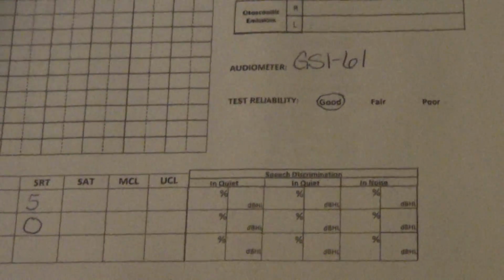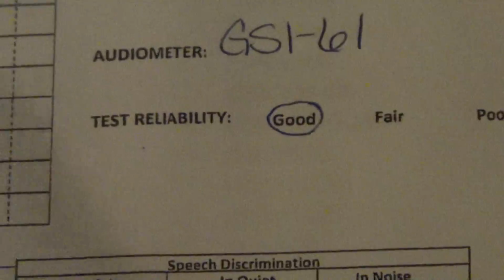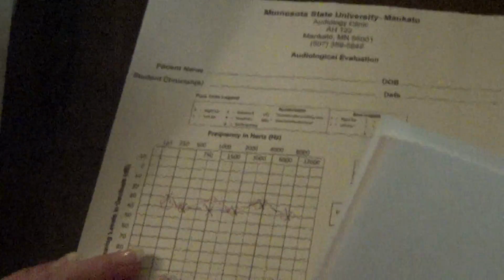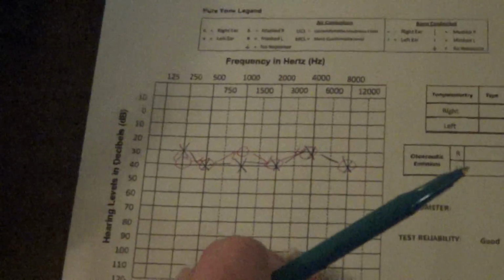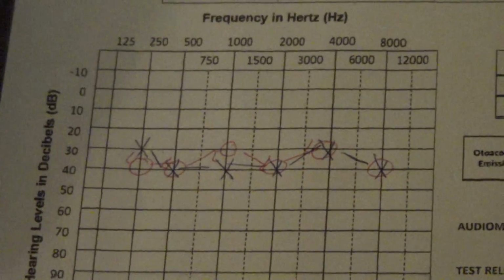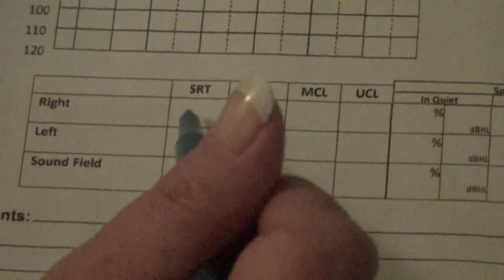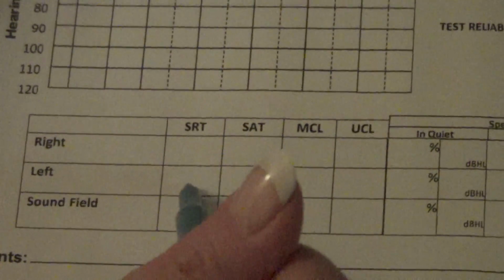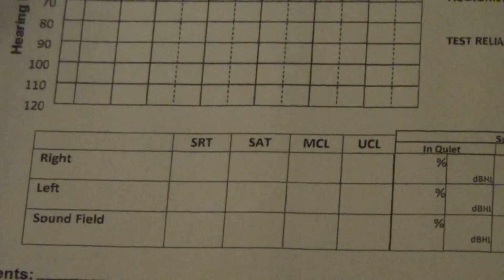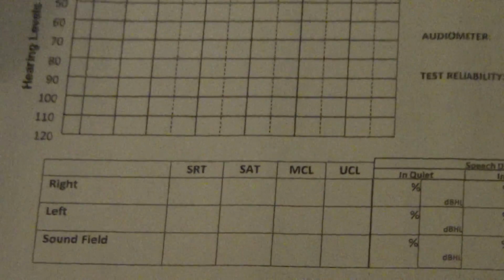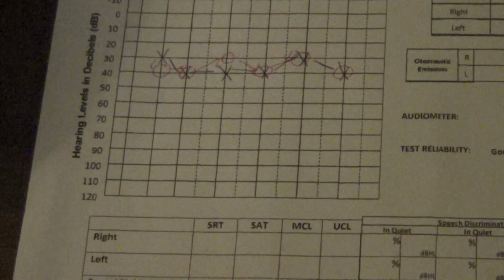Now, if the person had a hearing loss, for example, let's pretend that the person had this hearing loss, and I got an SRT of 0 and 5. We would then know that that certainly does not correlate with our pure tone average.